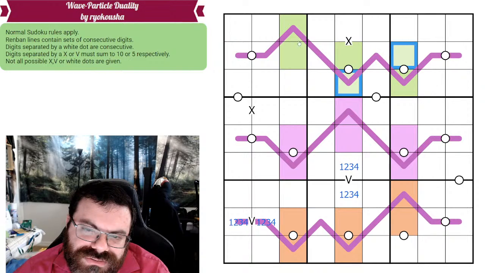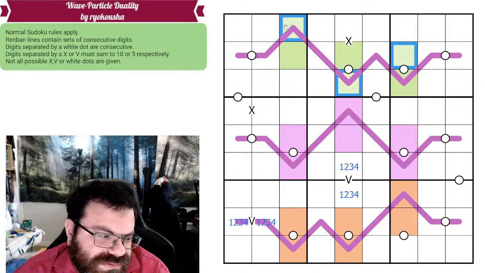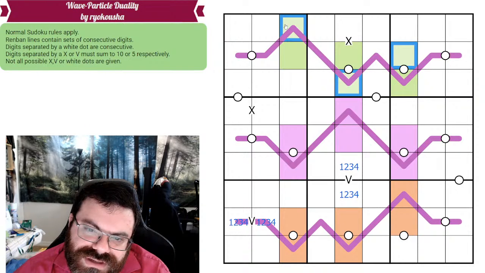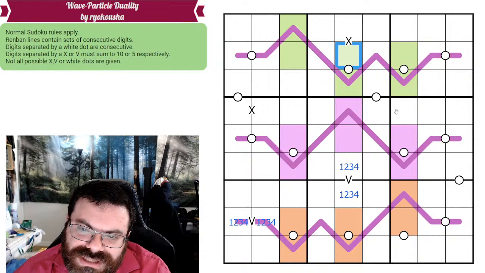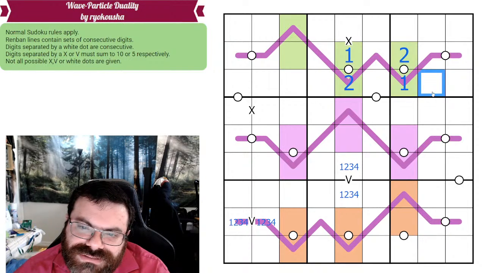This one could be here or here. Why would they all be consecutive? Can't I do like that? And then these are... Oh, that would force these to be the same.